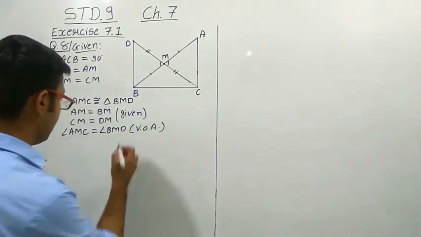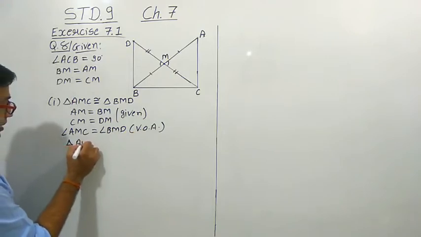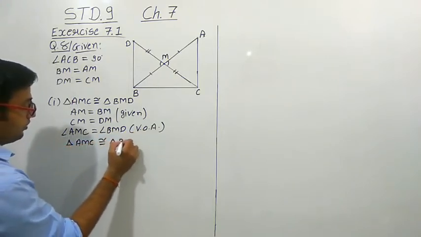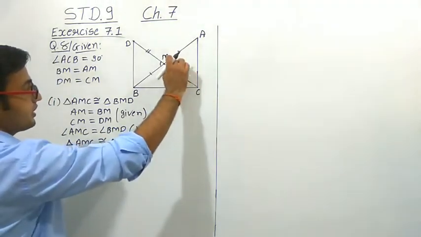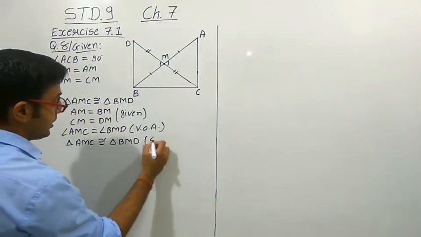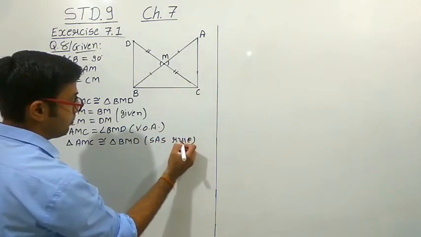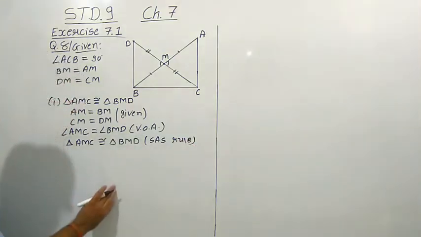So three conditions are there. Now we can write that triangle AMC is congruent to triangle BMD. By which rule? Two sides and the included angle, that means the side angle side rule. By the SAS rule, these two triangles are congruent.